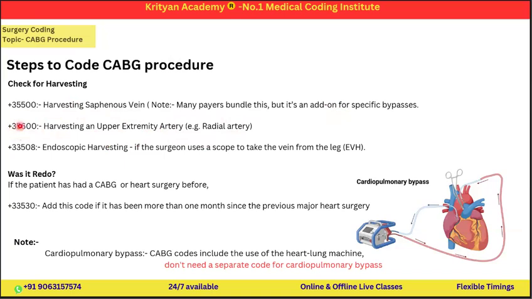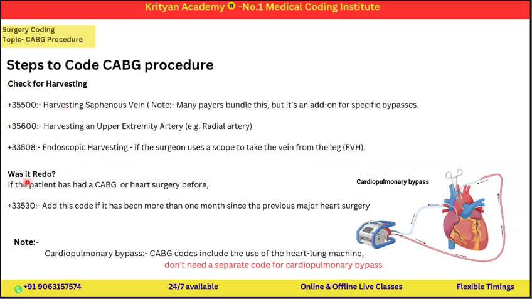These are all add-on codes. Along with CABG, we need to code these if they are performing any harvesting. 33508 is endoscopic harvesting, if the surgeon uses a scope to take the vein from the leg. That's what EVH, endoscopic vein harvesting, is. Okay, harvesting also, please check it.